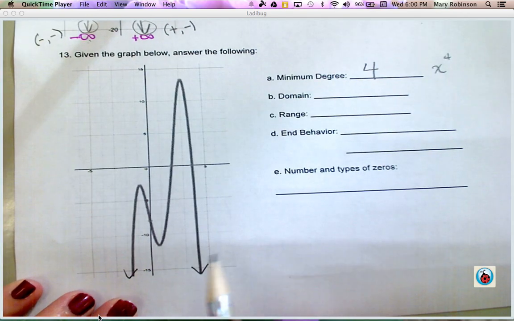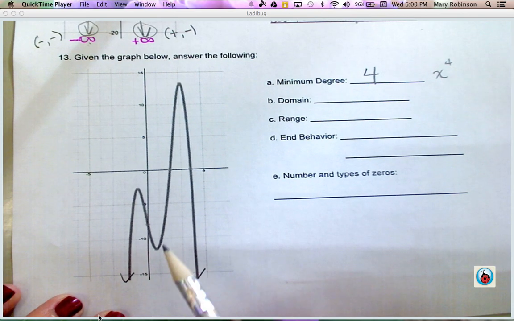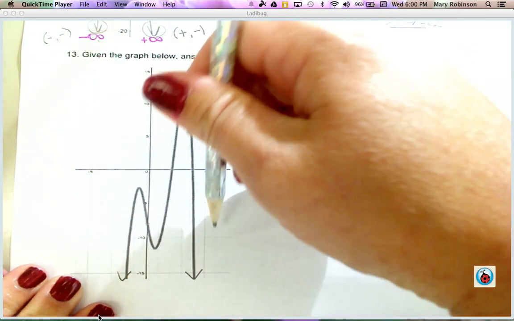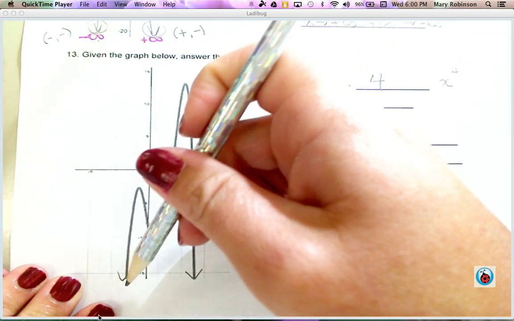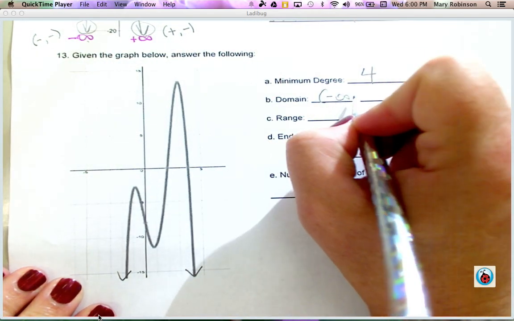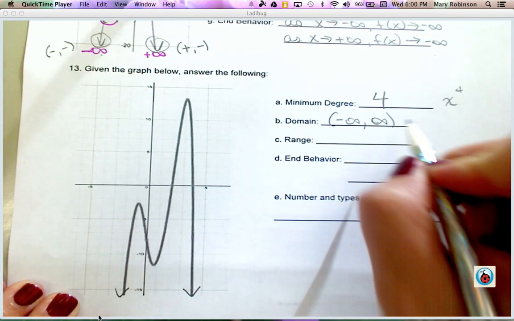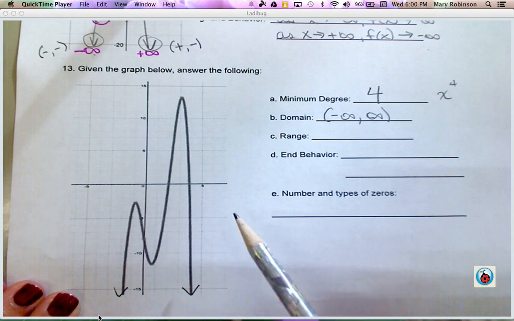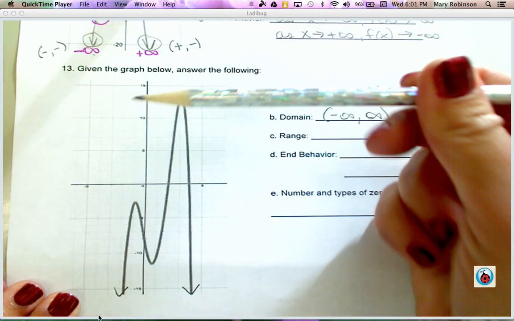The domain for all polynomial functions, just ask yourself, does my graph go left and right forever? And yes, it does. This goes down and left, and down and right forever. So the domain is negative infinity to positive infinity, your lowest x to your highest x. Range is your lowest y to your highest y.